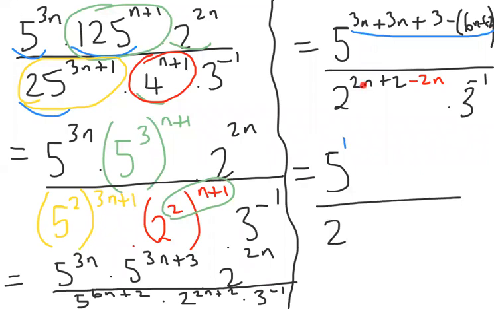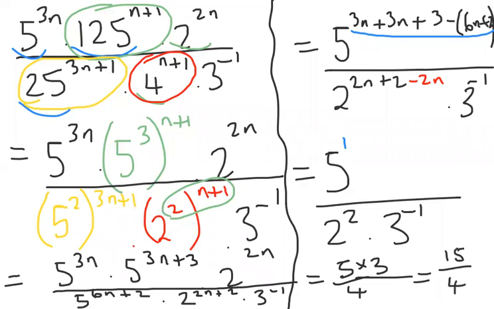The 2 minus 2n is 0. And there's a square times 3 to the minus 1. Now we just neaten up and simplify. We have 5 over 4. Let's take this 3 to the top, and that becomes times 3. So that answer is 15 over 4. There we go.